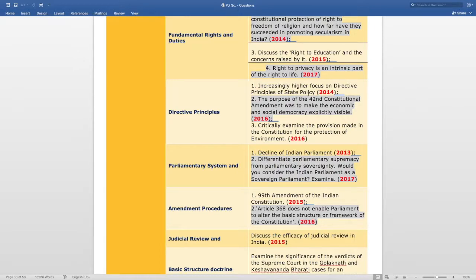The next subtopic is Directive Principles. The questions asked from this section are: increasingly higher focus on directive principles of state policy. This is asked in 2014. The next question is: the purpose of the 42nd Constitutional Amendment was to make economic and social democracy explicitly visible.